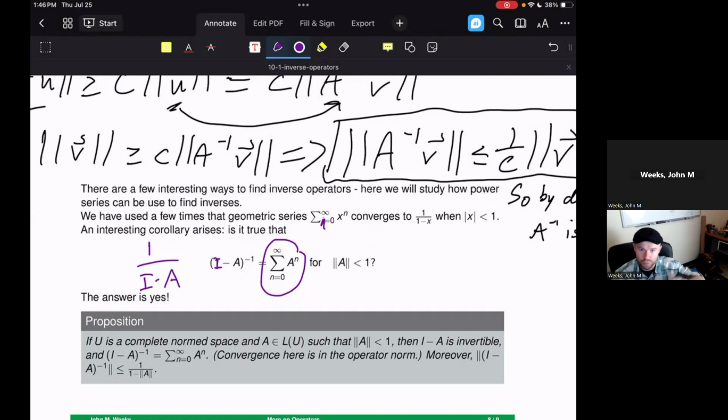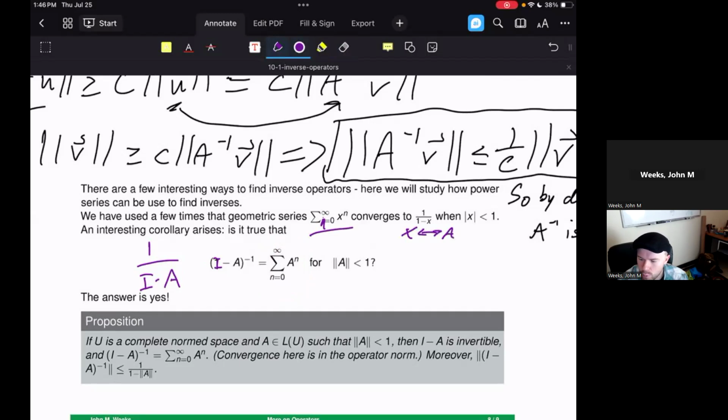Notice how we've just one for one subbed out everything. The sum as n goes from 0 to infinity of x to the n has become the sum as n goes from 0 to infinity of A to the n. So x is getting subbed out for A.